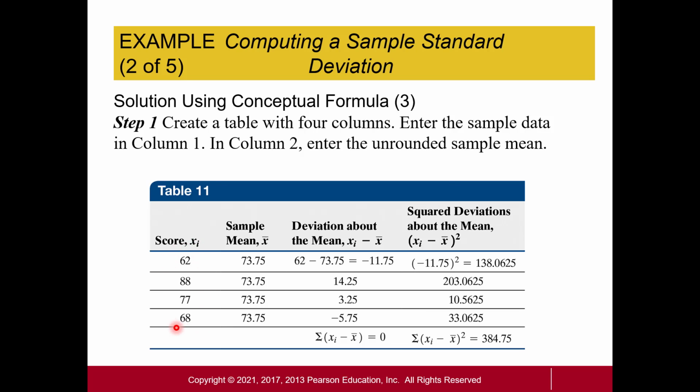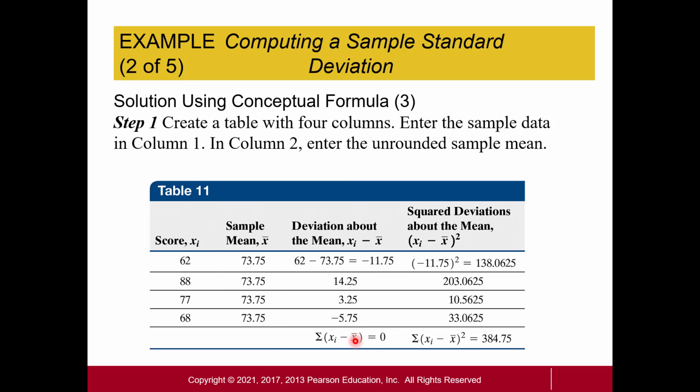If you take the mean of this, just add them up, divide by 4, you're going to get 73.75. The deviation about the mean for each one, you just take that score minus the mean. And then, so just so you remember, this is saying that 62 is 11.75 points lower than the mean value.